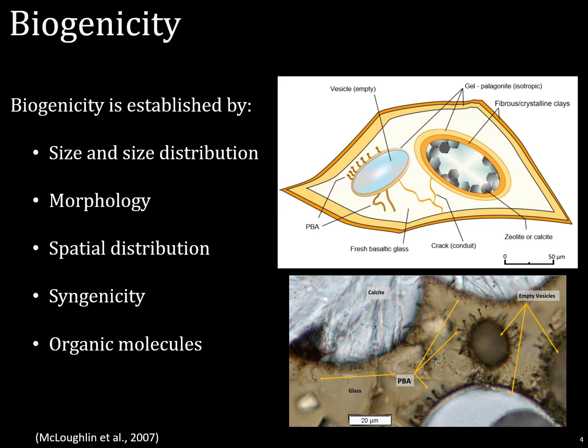The spatial distribution should suggest colonization. Syngenicity means that they were emplaced at the appropriate time in the rock history, which is reconcilable with a period when conditions would have supported the existence of the appropriate type of life. And also, we're always going to hope to find organic molecules, namely carbon, nitrogen, sulfur, and phosphorus, or ideally DNA, which you can do through a process called DAPI staining. We're not going to get into that in this study.